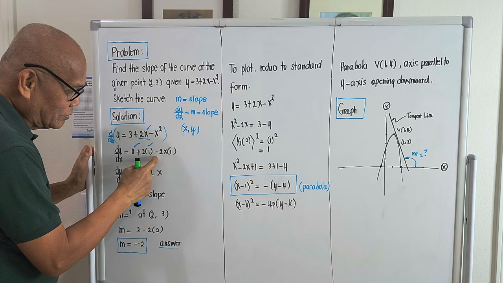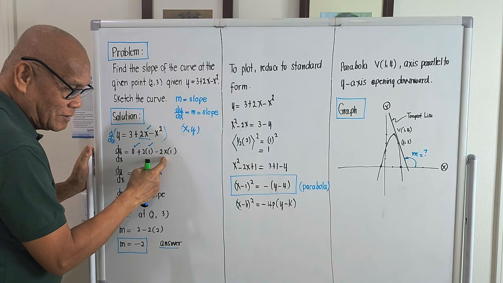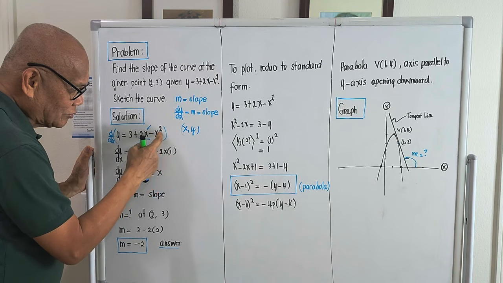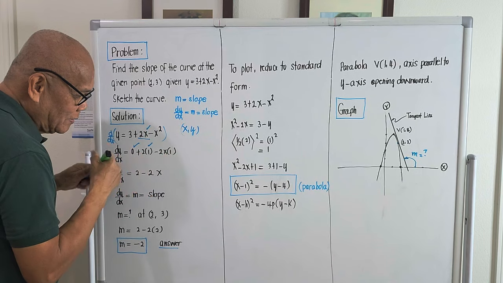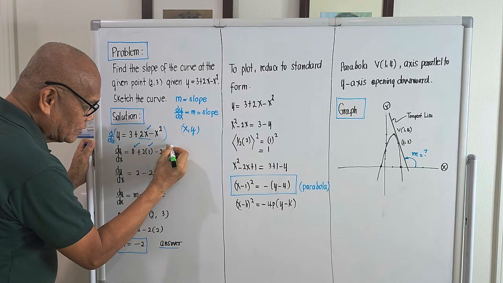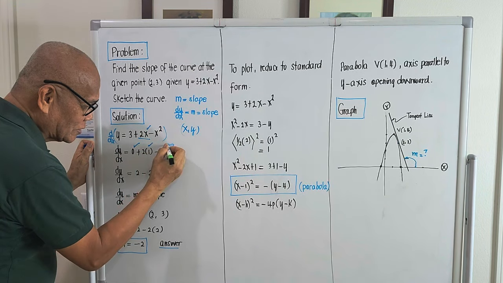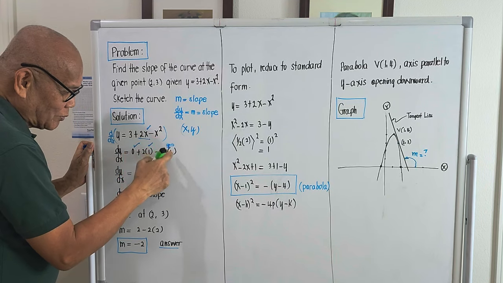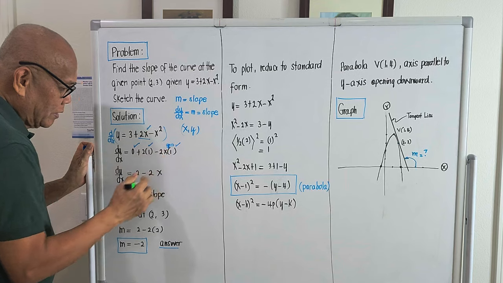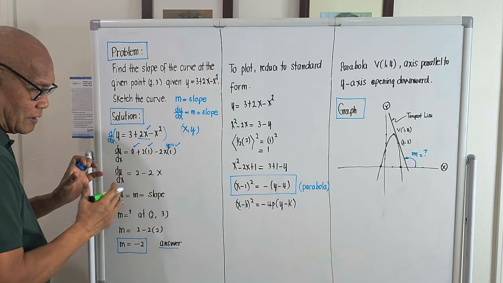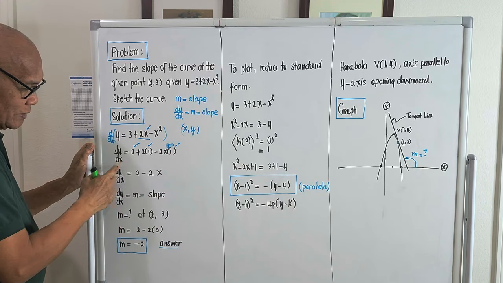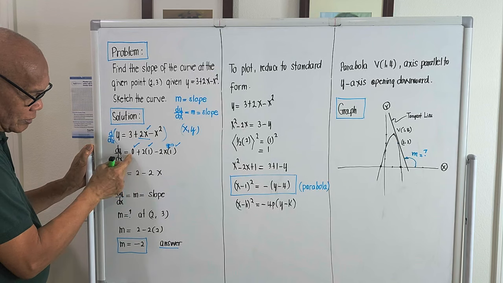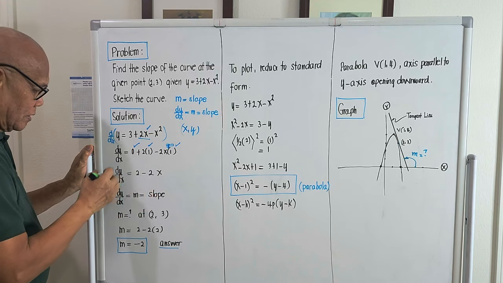So it will be 2 times x, decreasing the power by 1, that is 2 minus 1 will be 1, or simply x. And the derivative of x with respect to itself will be 1. If we simplify the right hand side, dy/dx now will be equal to 2, this is now 0, minus 2x.